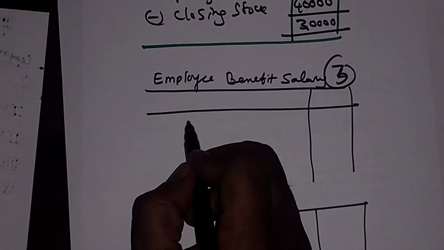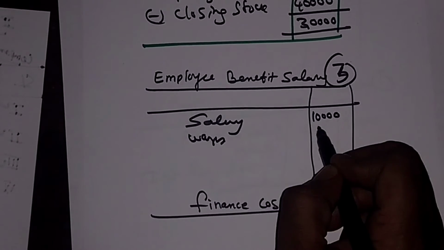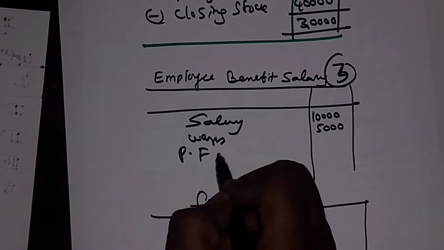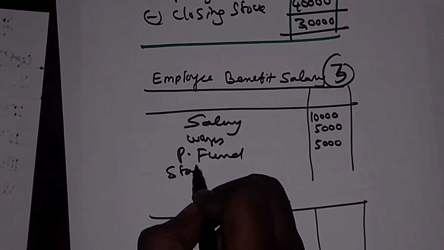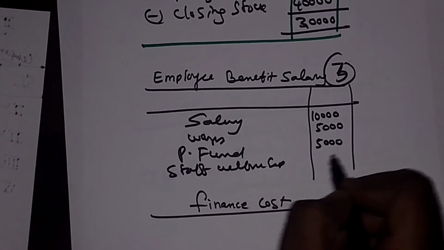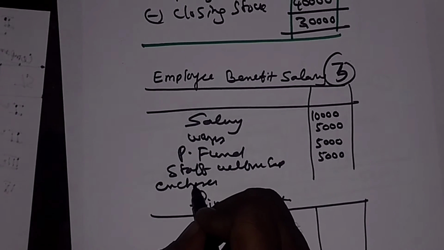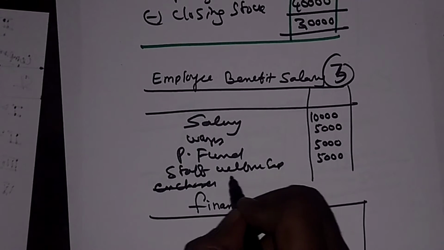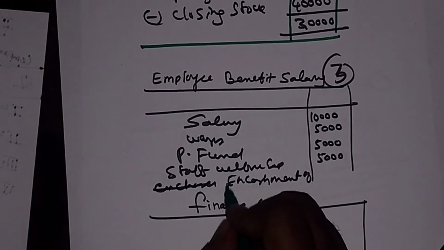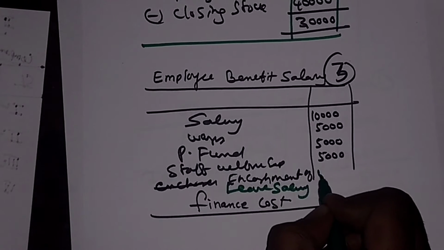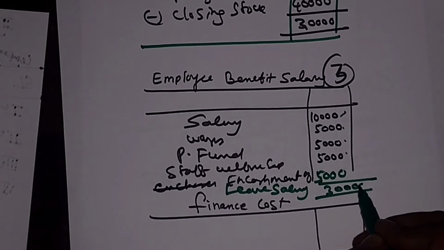What are the benefits of employees? One, it is salary 10,000, wages 5,000, provident fund 5,000, staff welfare expenses 5,000, encashment of leave salary 5,000. 5,000, 10, 15, 20, 25, 30,000.